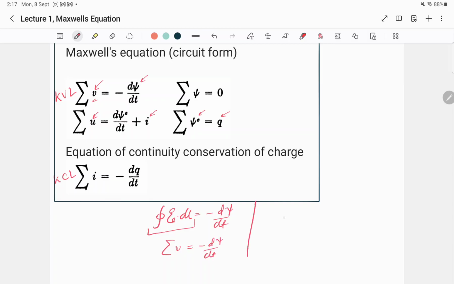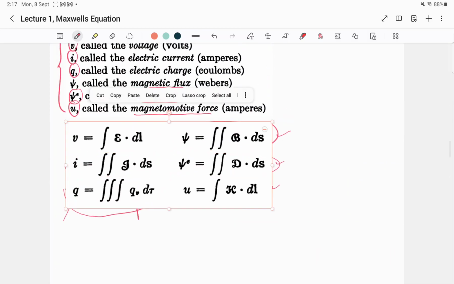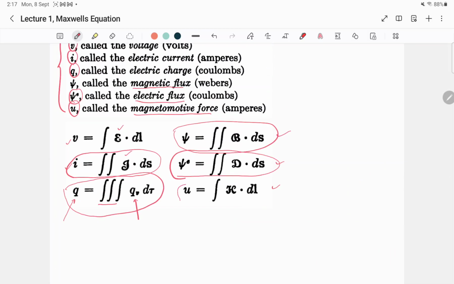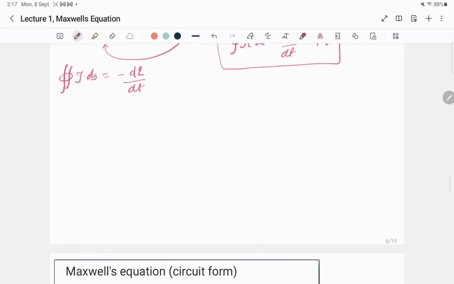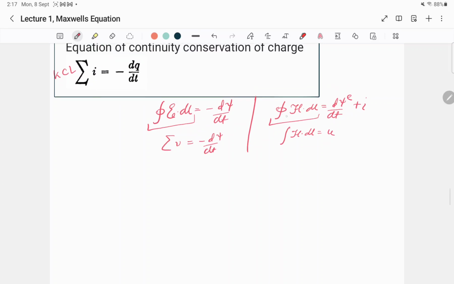Similarly, the closed line integration of H dot dl is equal to d by dt of psi e plus I. We know that H dot dl, from the circuit quantities, is U, but here this is a closed line integral.